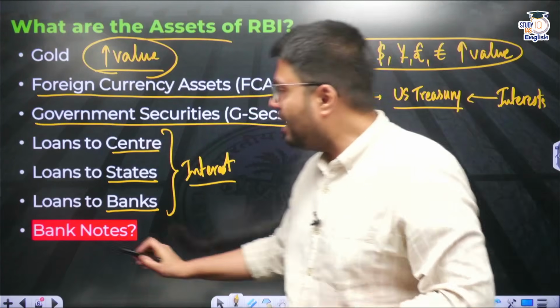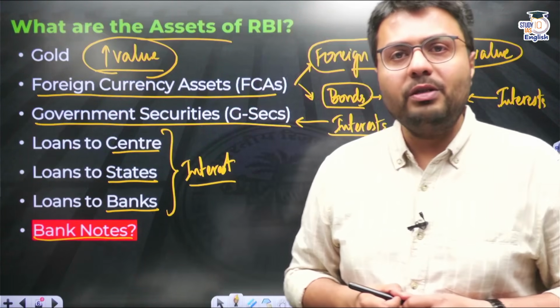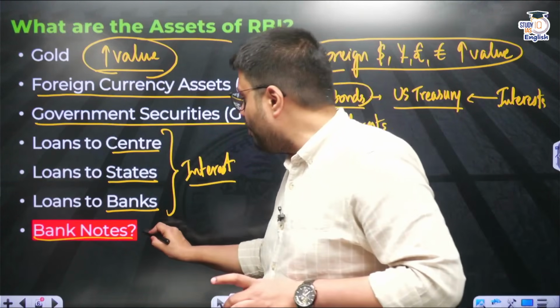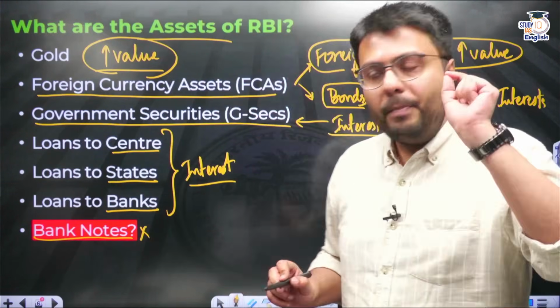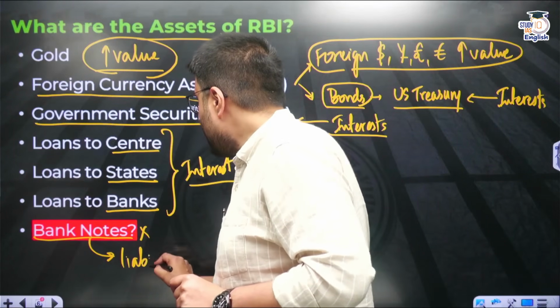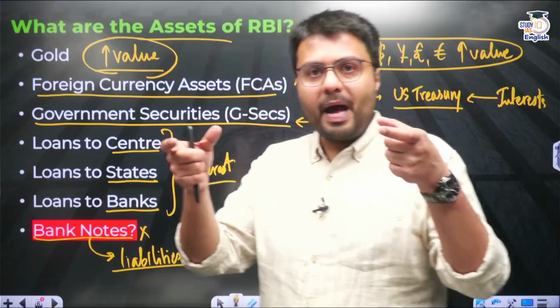Now you must be thinking, what about banknotes? RBI prints a very huge amount of banknotes every year. So does it help RBI earn profit? On one hand, the answer is no, because all the banknotes are not assets, but they are liabilities of the RBI. You must have read it on your banknotes, right?